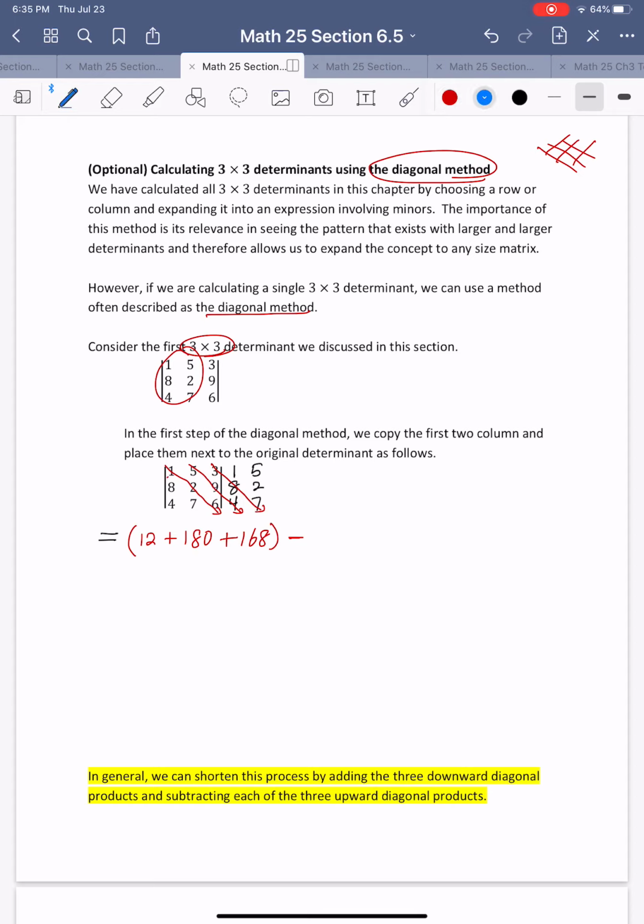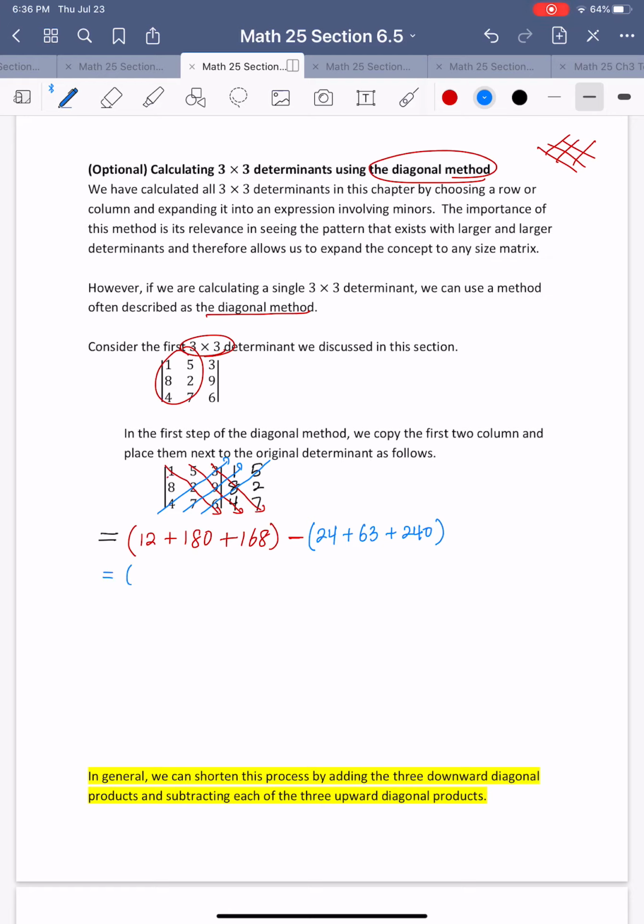Now next one, in parentheses, I'm going to multiply diagonally going up. So 8 times 2 times 3, which is 24, plus, and then I'm going to multiply 7 times 9 times 1, which is 63. And then I'm going to multiply 6 times 8 times 5, which is 240. And then I'm going to use the calculator here.